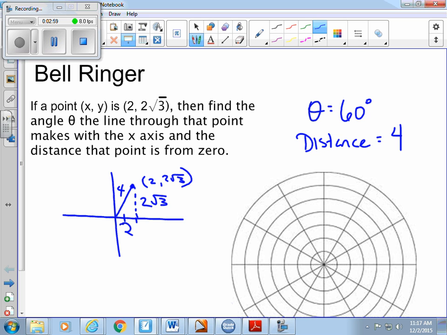The Cartesian coordinate system or rectangular coordinate system is square. X, Y, go right and up. And the problem with that is our world isn't rectangular. What is it? Circular or spherical.